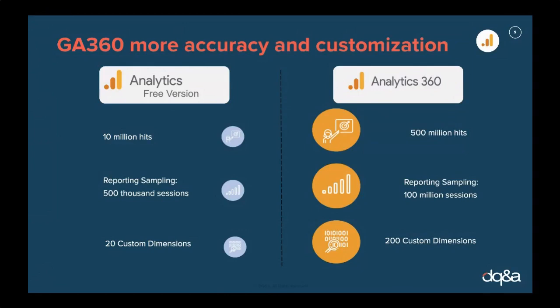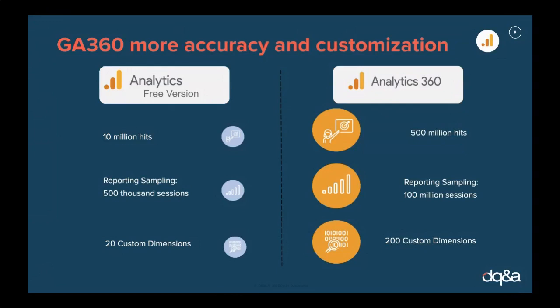First of all, we're talking about more accuracy, more customization and more data. As you can see on the left side, you have a quick overview of what the Analytics 3 version can do. It's 10 million hits. You can have a reporting sampling of up to 500,000 sessions, while in GA360 the reporting sampling goes around 100 million sessions.